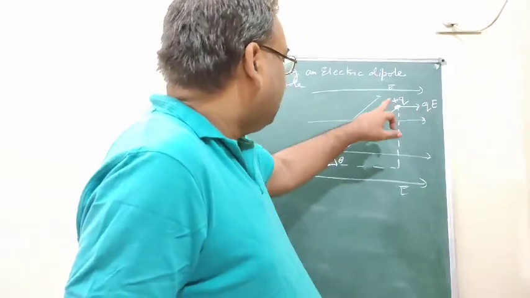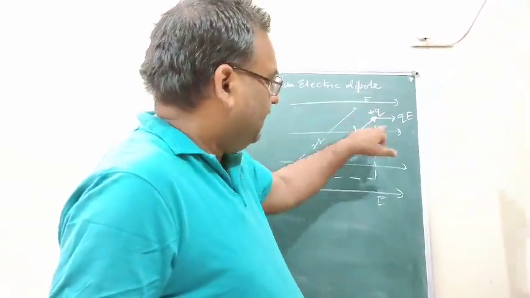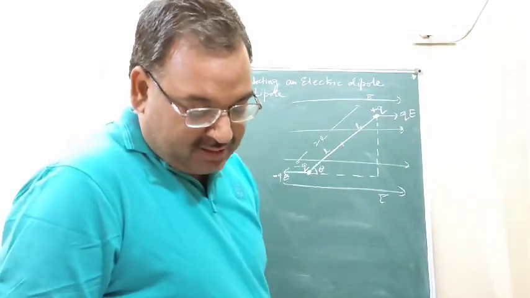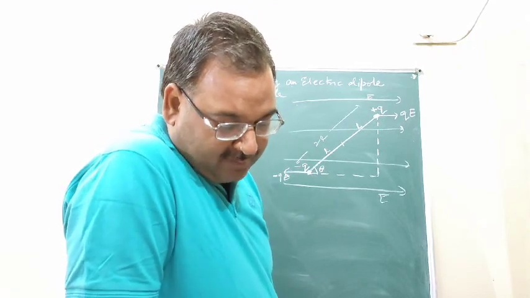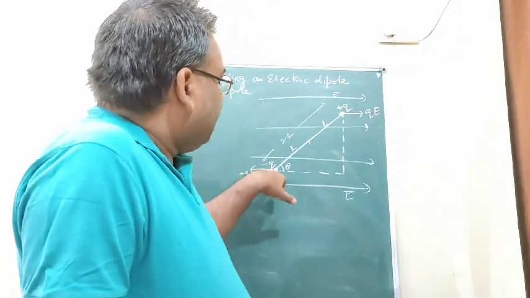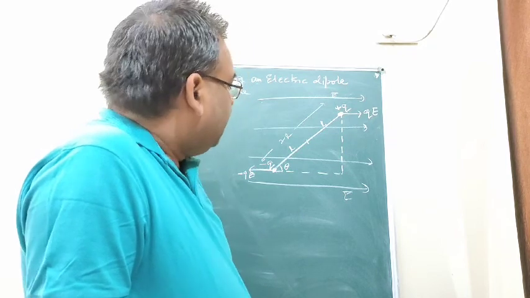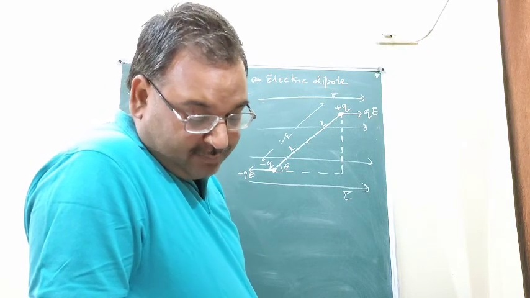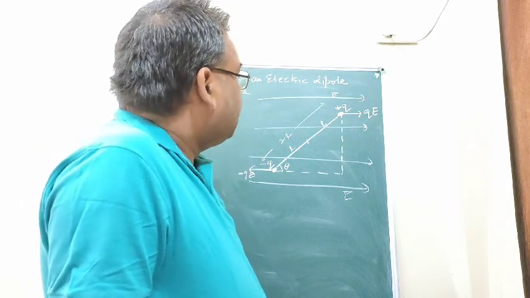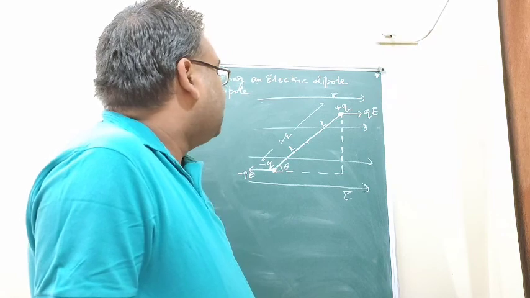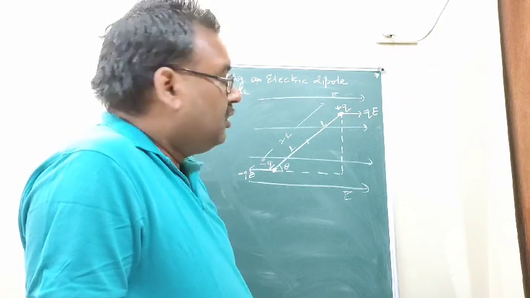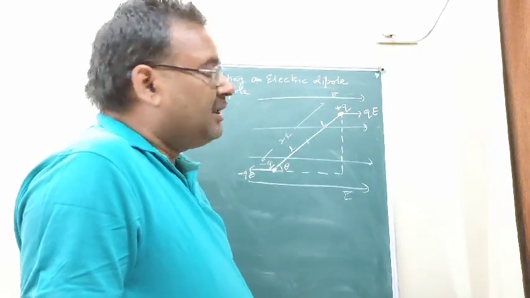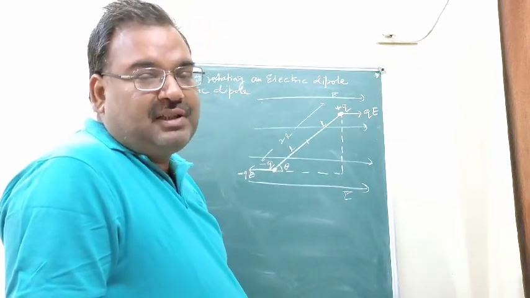So let us see this. We have an electric dipole that has been placed in a uniform electric field. These lines are showing the electric field placed at equal distance, so they are a uniform electric field. Its dipole moment is Q into 2L. Since the dipole has been placed in the electric field, it will experience forces: plus QE in the direction of the electric field and minus QE in the opposite direction.